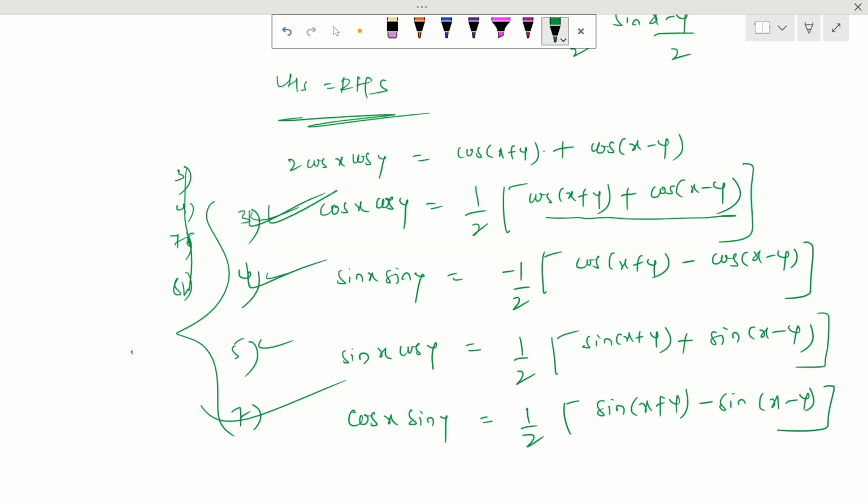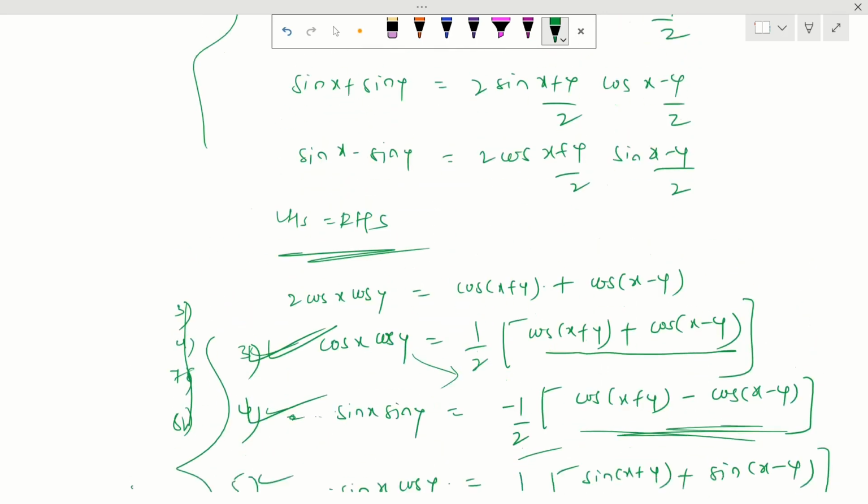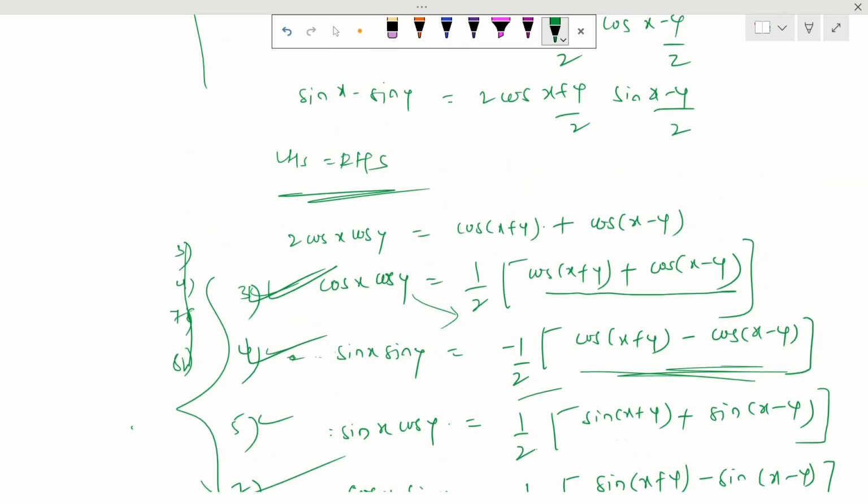When we subtract the cos terms, we have minus 2 sin x sin y. When we add the sin terms, we get 2 sin x cos y. When subtracting these two terms, we get 2 cos x sin y. These are the new formulas from equations 3, 4, 7, 8.